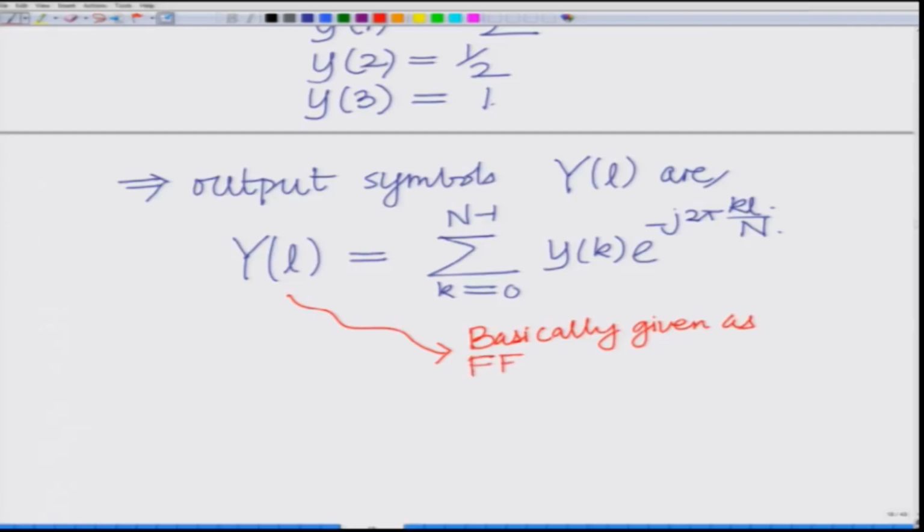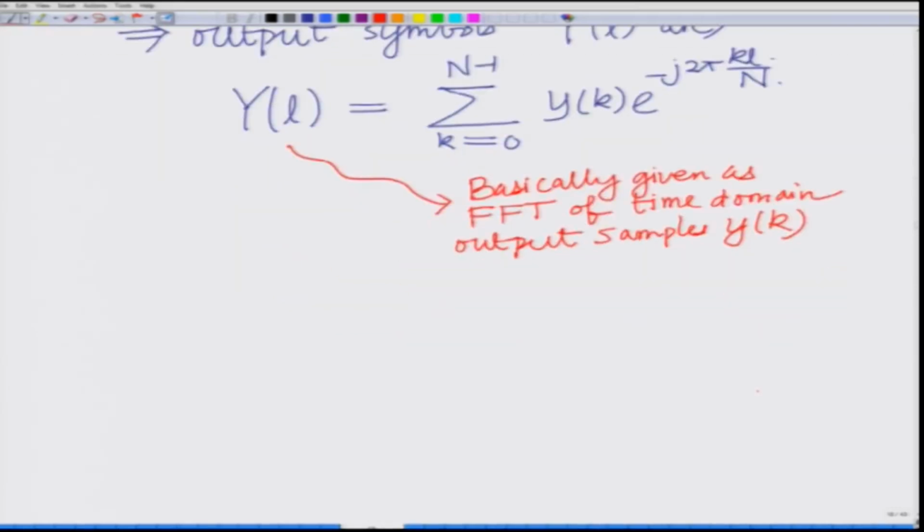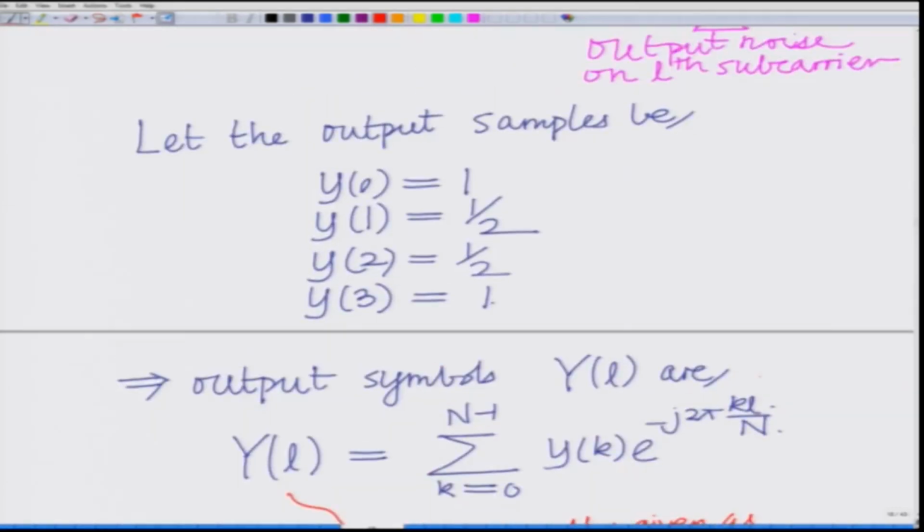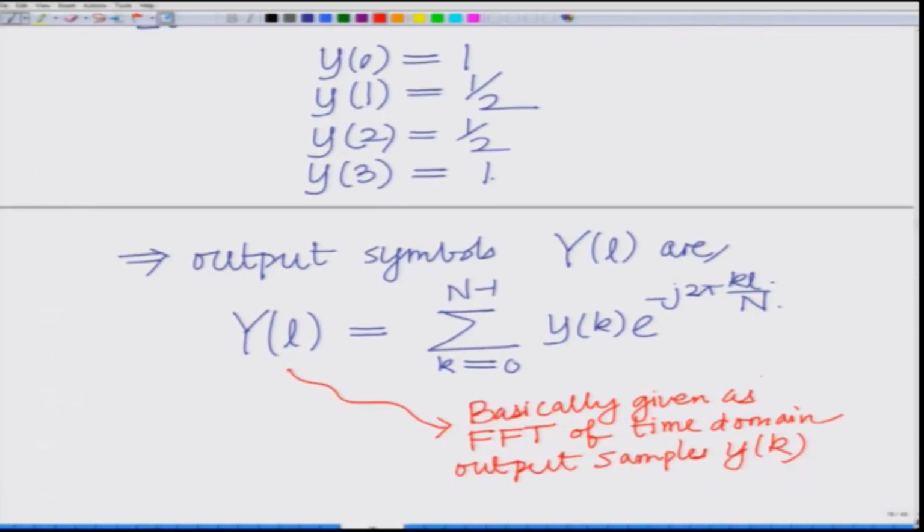So, these are the FFT of the time domain output samples y_k, and that is what we have written over here. And we already said y0 equals 1, y1 equals half, y2 equals half, y3 equals 1.